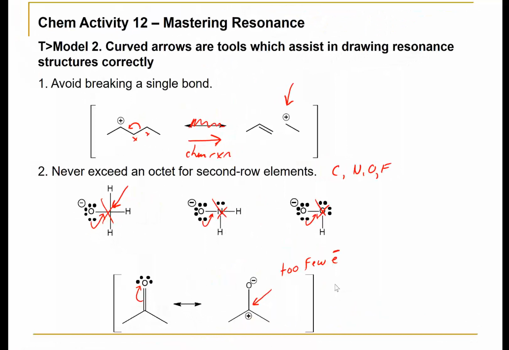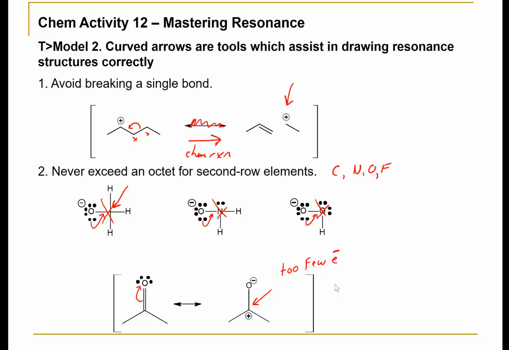Now, if we come back to these two bottom resonance forms, we can make a comparison and we can see that the neutral ketone on the left is the one that's favorable. And it's favorable for two reasons. One, it has no formal charges, but more importantly, all the atoms have an octet. Whereas the resonance form on the right does have formal charges, but also the carbon does not have an octet.